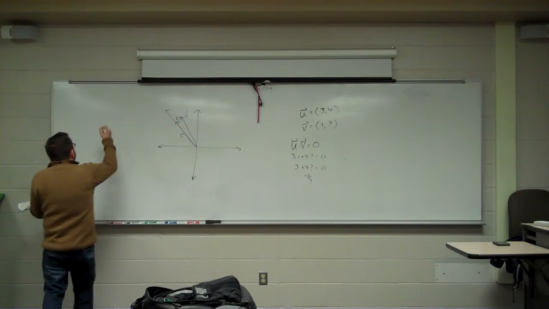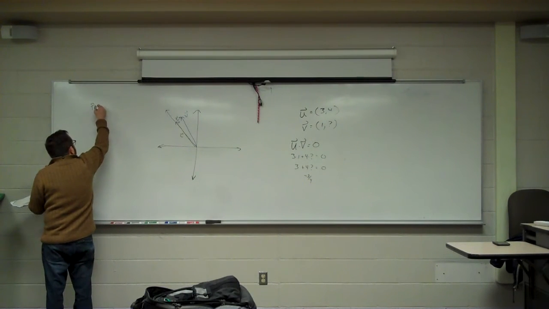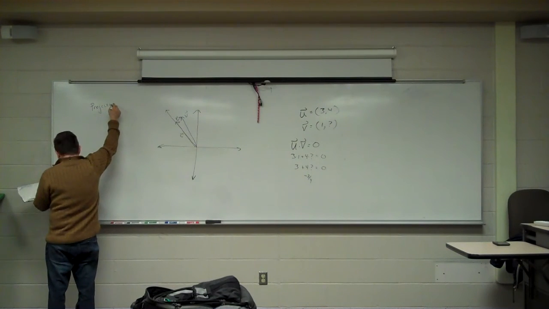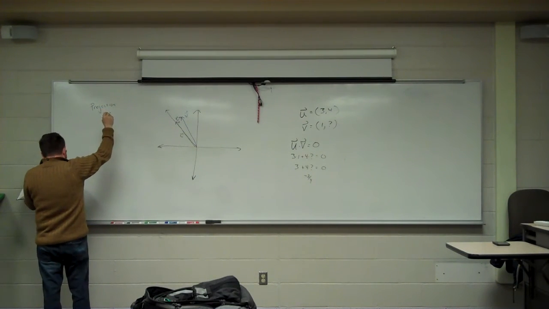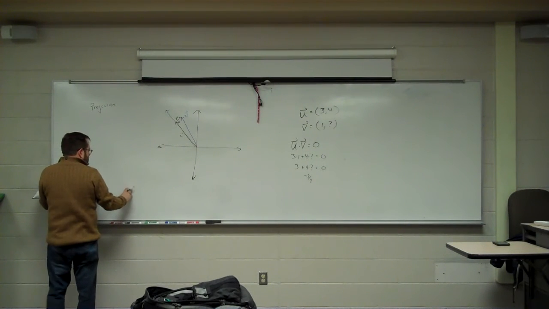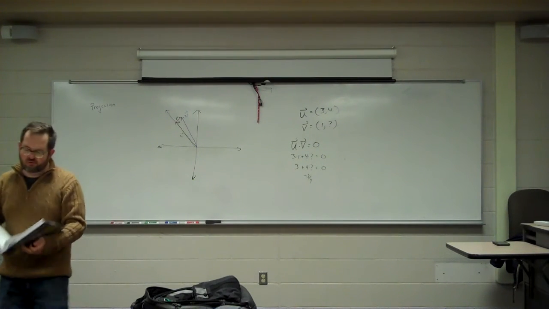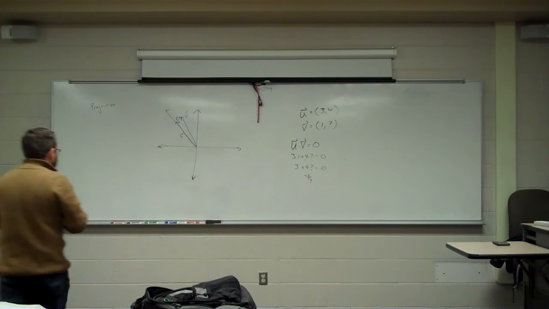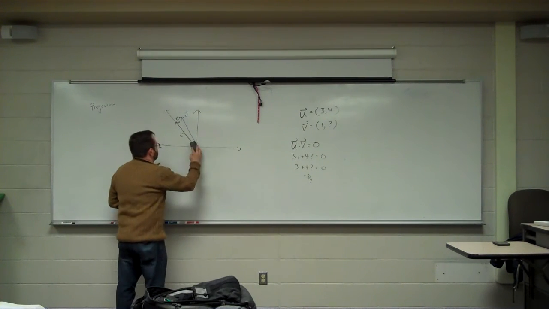This is a concept called the projection. Okay. Let's see here. Let me draw a better picture for how we're going to define projection. Let me wipe out these vectors here.